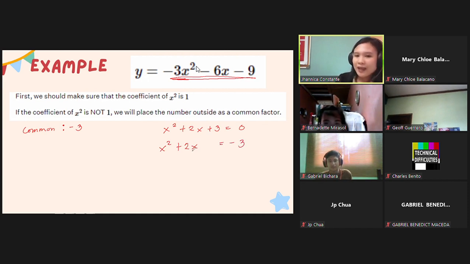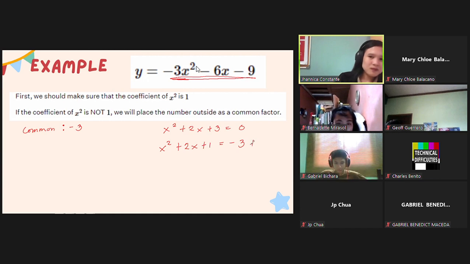Get half of the coefficient of the variable x. Half of 2 is 1. Squared, 1 is 1. So we add 1 to both sides. Factor the left side: the factor is (x plus 1) squared.